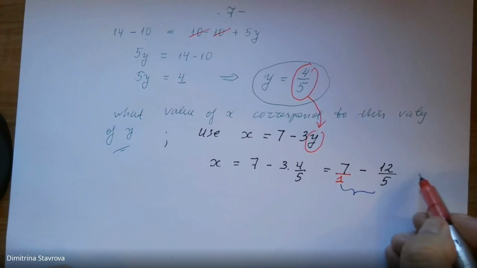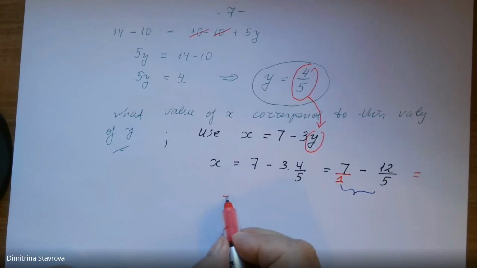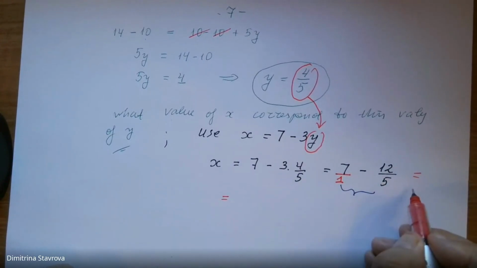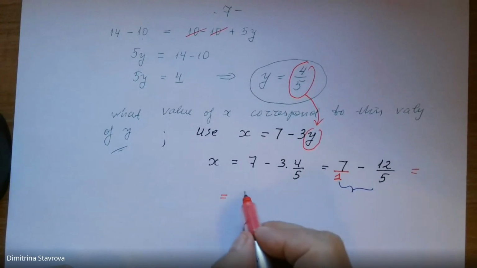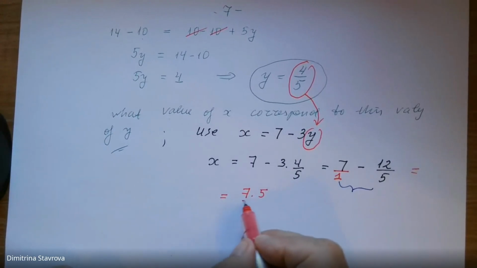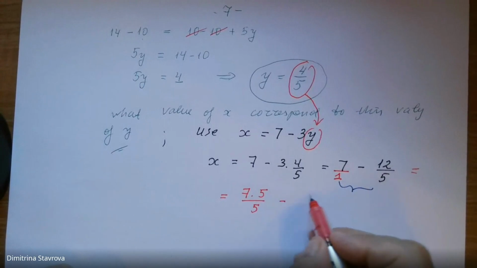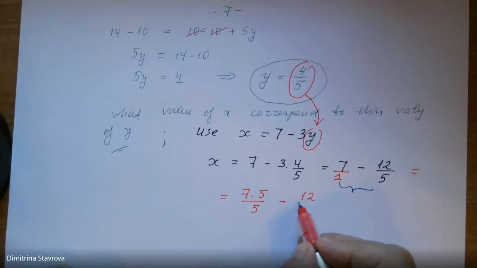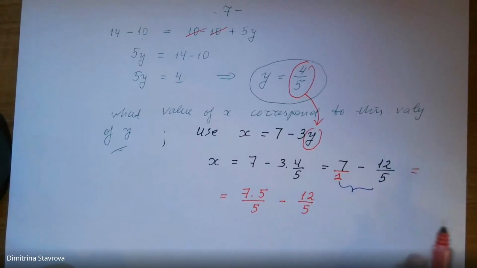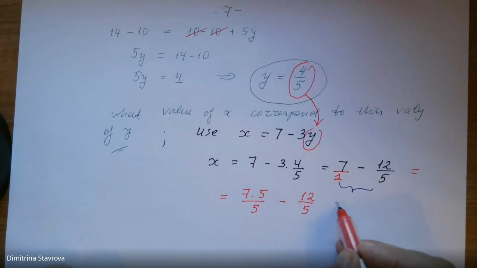Hence, in order to represent both of them with the denominator 5, we have to multiply and divide the first term by 5, and then we just complete what we have as a second term in this expression.